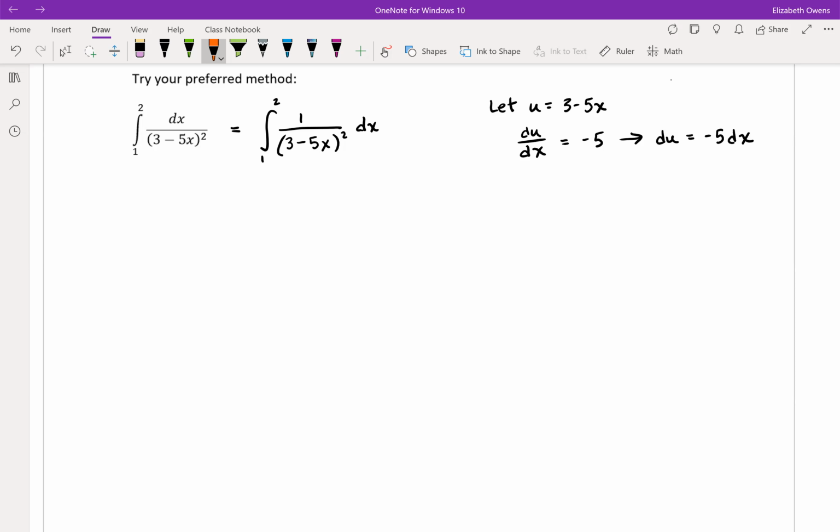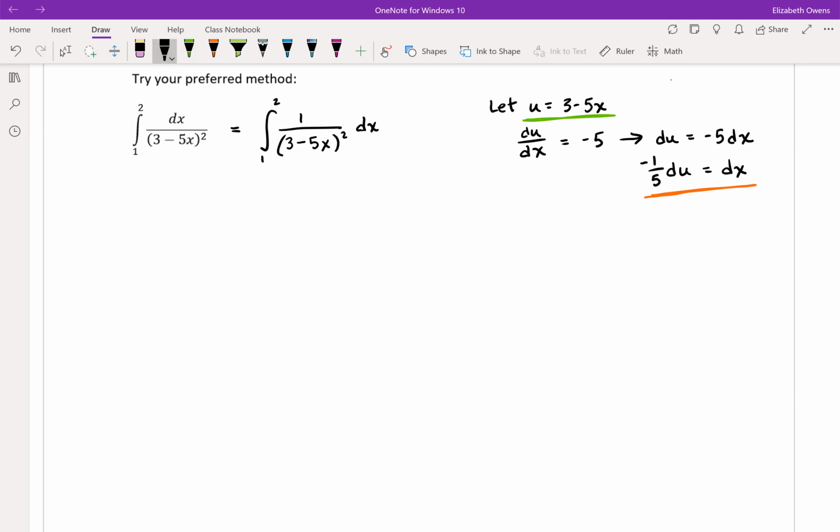Look, we've got dx here rather than negative 5 dx. So I'm just going to choose to say negative 1/5 of du is going to be equivalent to dx. And that's what I'm going to substitute in instead of dx there. So there's how I'm going to make my substitutions.